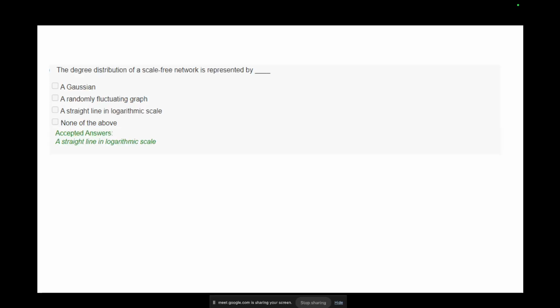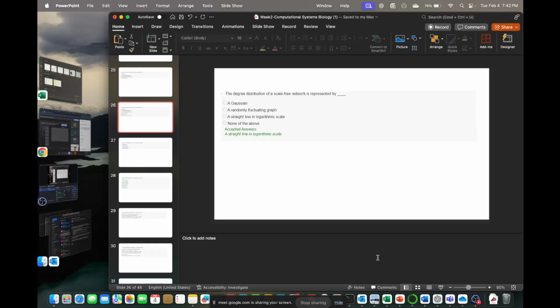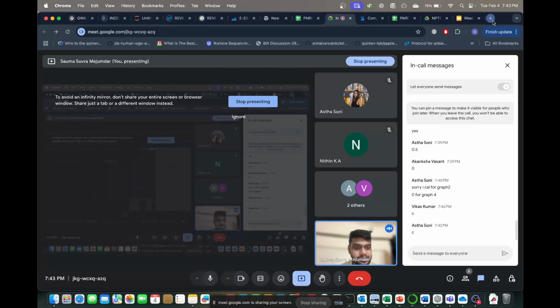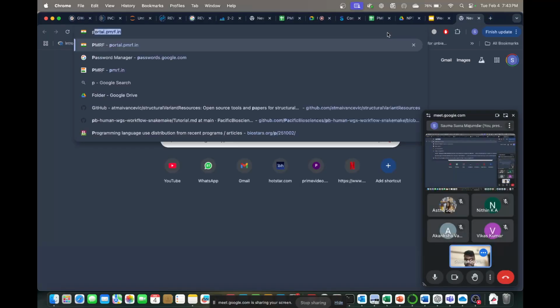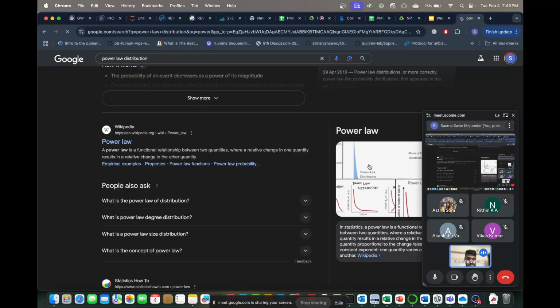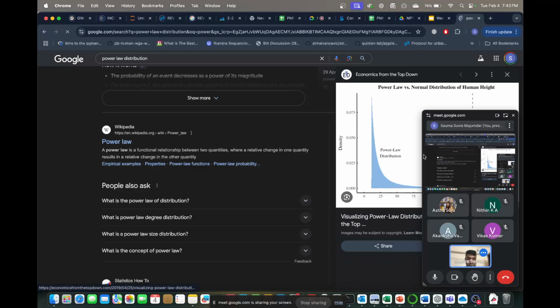Okay, the answer is it's a straight line in logarithmic scale, but it's actually a power law distribution in practice. But if you convert it to logarithmic scale, it will be a straight line. Just to give you an example here, a power law distribution looks like this, as I was mentioning.